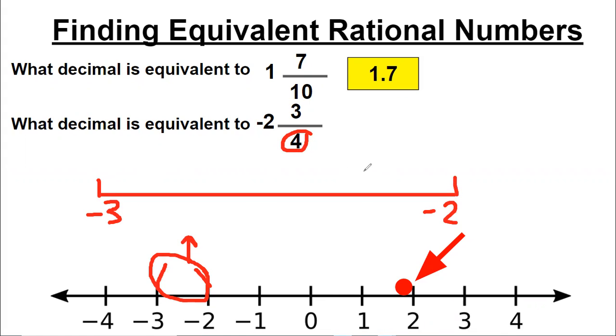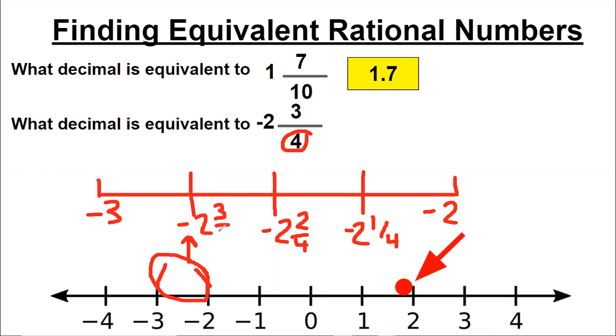I'm going to try to do it equally. 1, 2, 3, 4. They should be about the same size. So this would be -2 1/4. This would be -2 1/2 or 2/4. We'll call it 2/4, but 1/2 is the same thing. It's equivalent. And this is -2 3/4. So that's what we're looking for, -2 3/4.